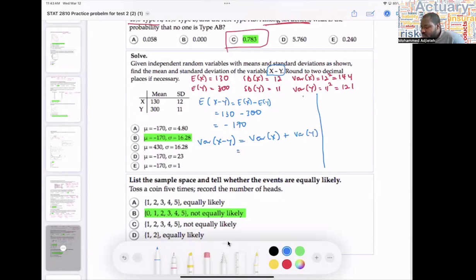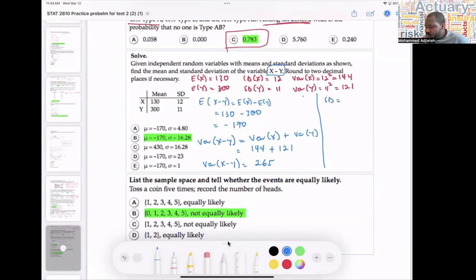What is variance of x? 144. Plus what is variance of y? 121. So var of x minus y is 144 plus 121. Let's do that. 265. But we want the standard deviation.